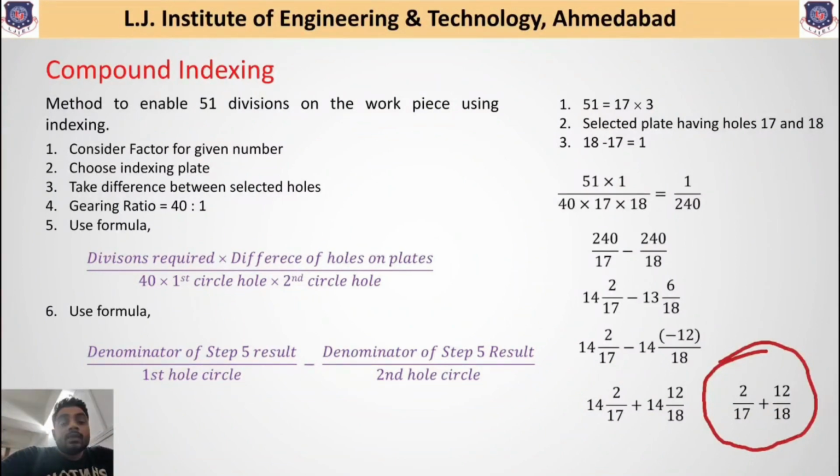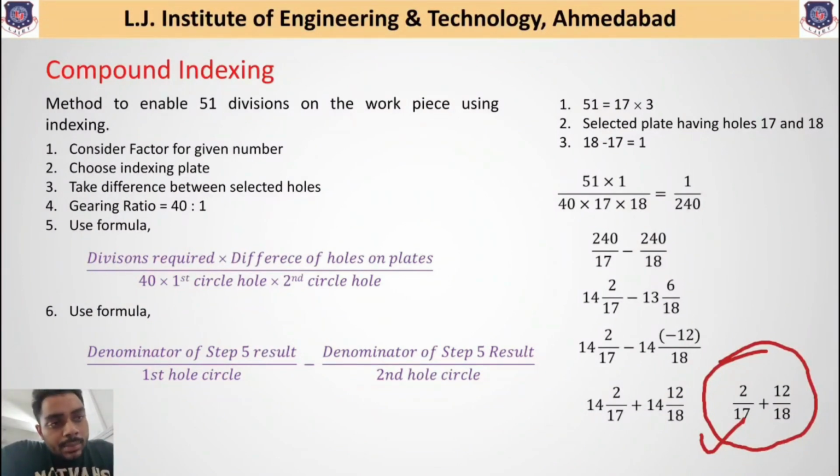So further interpretation of this result is much more important. So the interpretation is, for the first step, that is 2 divided by 17, that means on the 17 holes indexing plate, the crankpin needs to be rotated through 2 holes in clockwise direction.